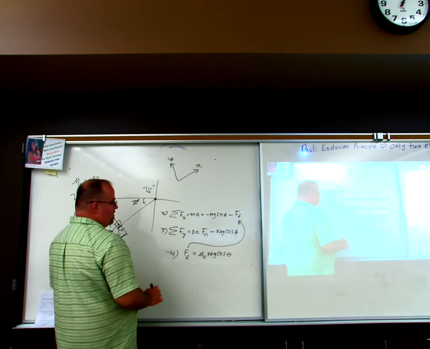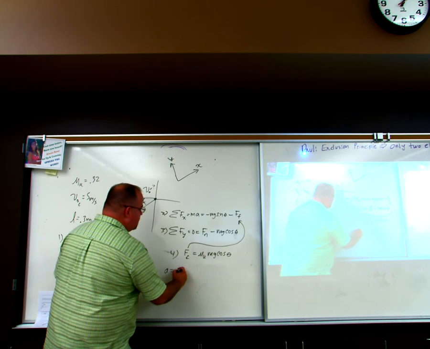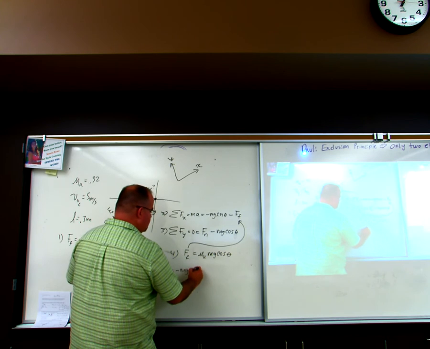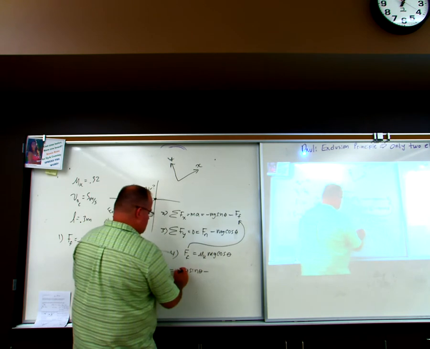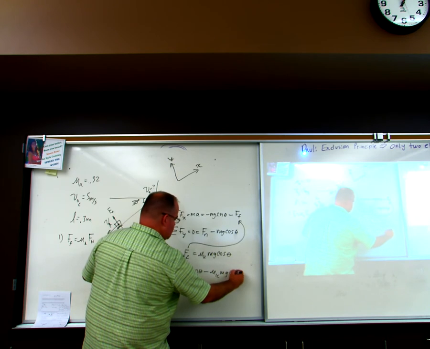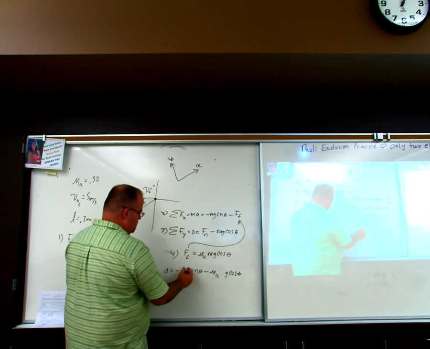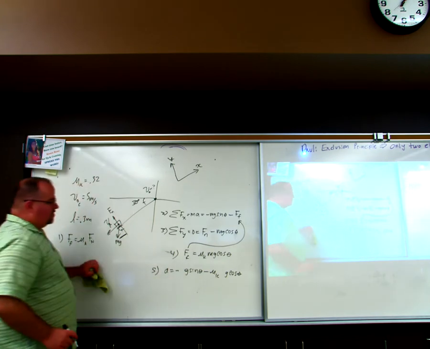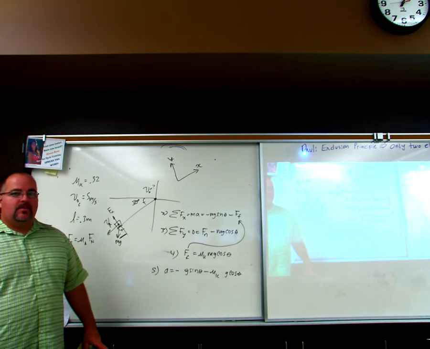So acceleration equals, they're both negative, which makes sense, the acceleration should be negative: minus mg sine theta minus mu sub k mg cosine theta. You can actually divide out the masses. So then you wind up with equation 5, where I plugged everything in and got a value.